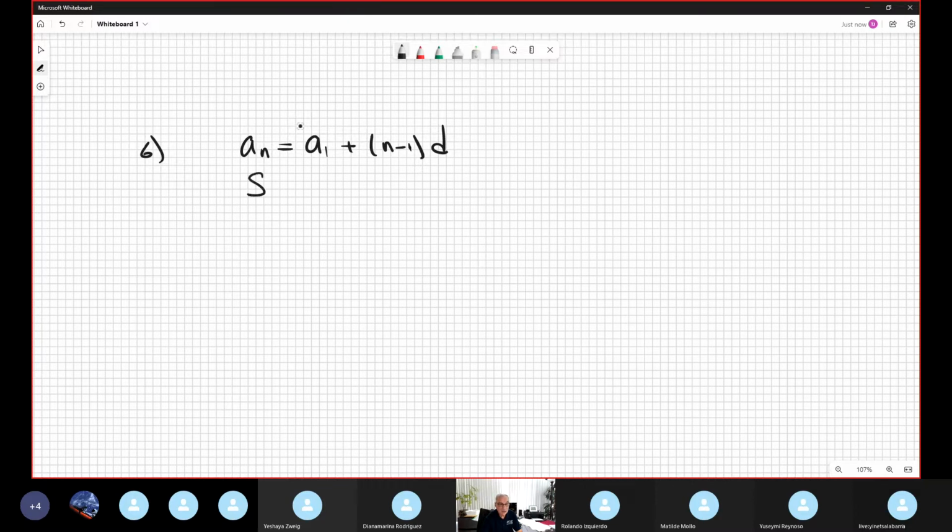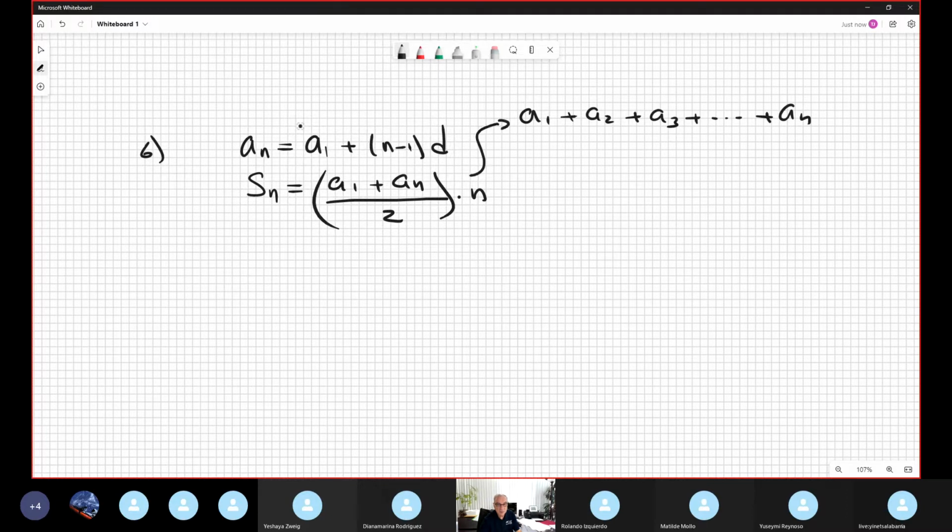And the other important one is the summation: the first element a1 plus a sub n, divided by 2, multiplied by n. It's the formula for adding a1 plus a2 plus a3 plus up to a sub n. And of course, this a sub n satisfies the equation for the arithmetic sequence, with the common difference.